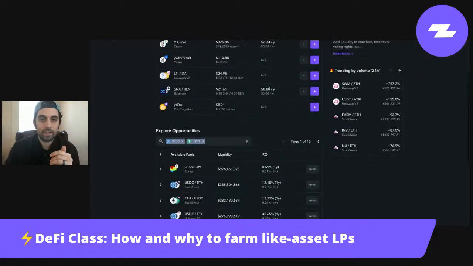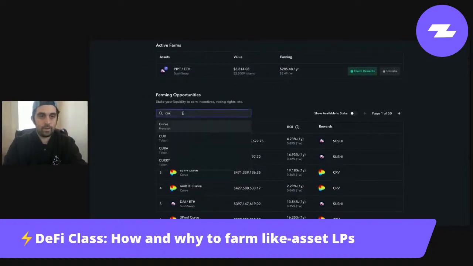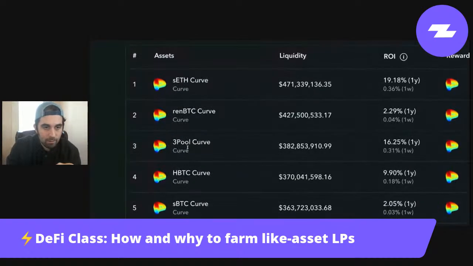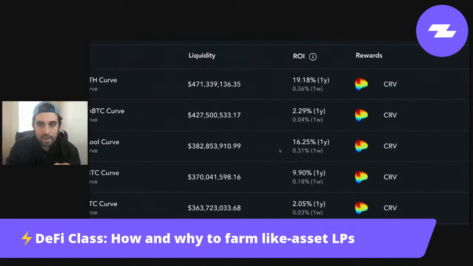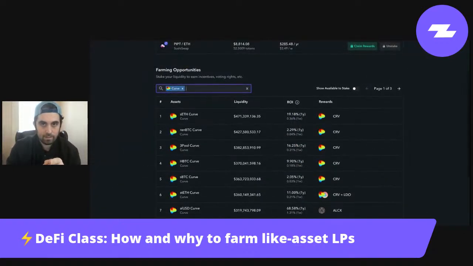And then the last bit of this is hopping over to the farm tab. I would look up 3-pool. Actually, let's look up Curve. There we go. This was the one that I was just honing in on. I could go here, and I'll have the option. I'll see a green button that says stake.